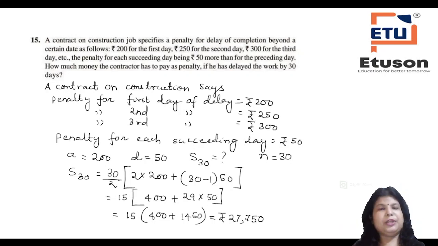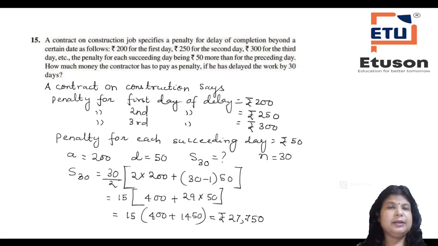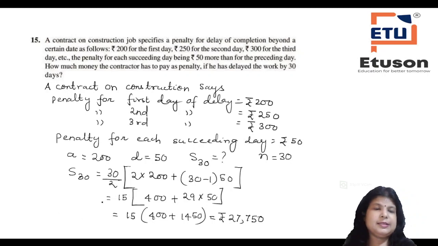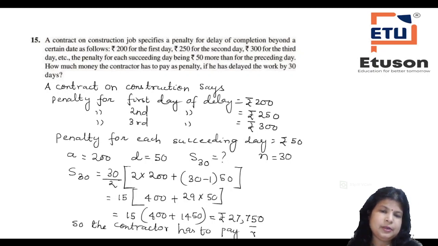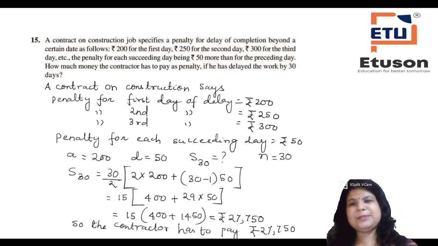So just by putting the formula for S30, you could find out how much money the contractor has to pay as penalty. So the contractor has to pay rupees 27,750. Correct, children? Hope you have understood this problem.